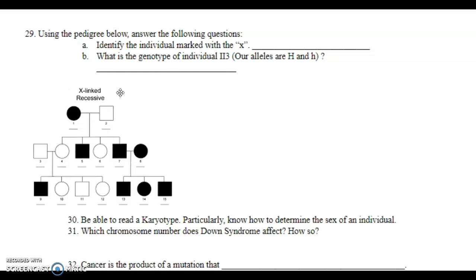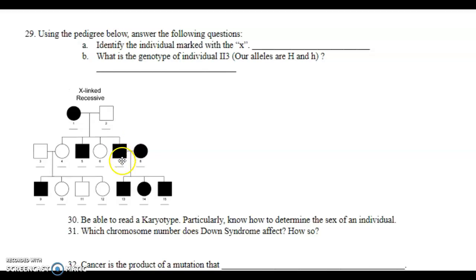And this again is like a test cross, so little x with big X question mark. So we have to look at the offspring to determine the other allele for him. He has this daughter here who does not have the trait, so she would have a big X, and then she would have had to have gotten a little x from mom because mom only had little x's to give. So we know that she would have to be big X, little x, and this daughter would also have to be big X, little x.